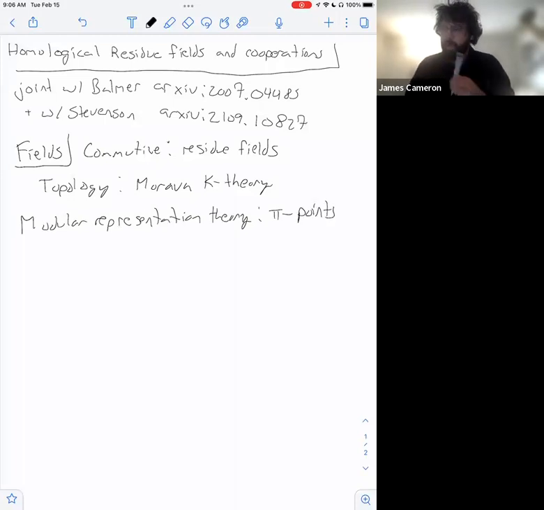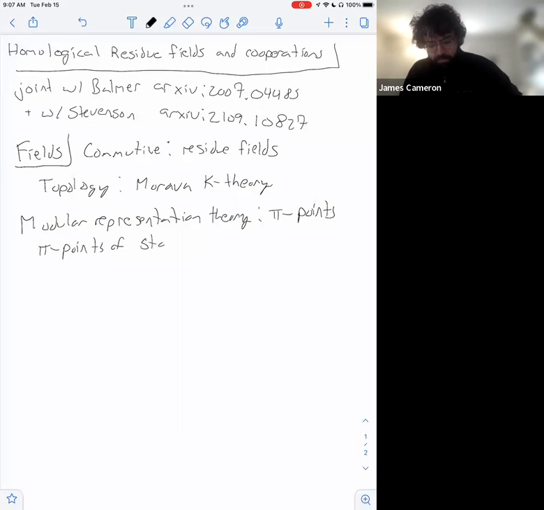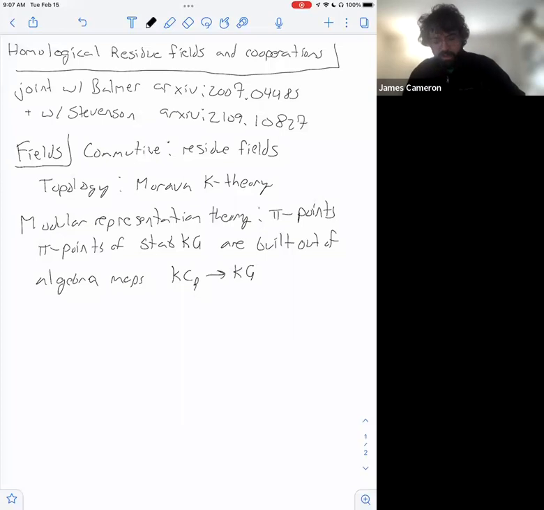The pi points are built out of, well, I'll just say this: if G is a finite group, pi points of the stable modular category of the group are built out of algebra maps from the group algebra of a cyclic group of order p to the group algebra of G. So here k is a field of characteristic p.